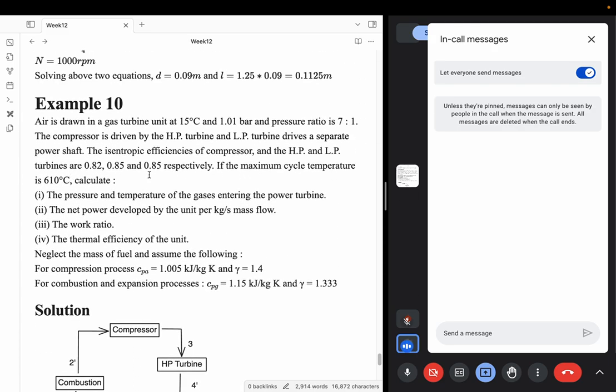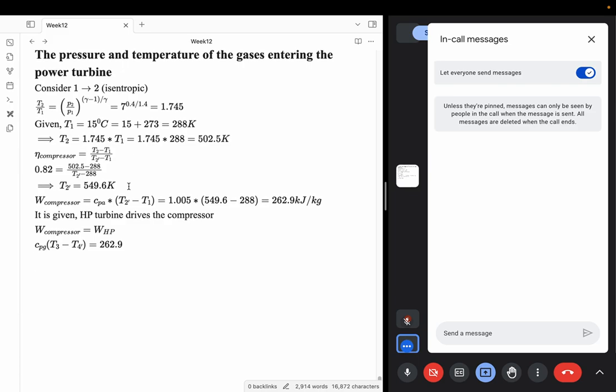It is already given that the maximum cycle temperature is 610. T3 is the maximum temperature, so we have T3 to be 610 Celsius, or if you convert it into Kelvin, it will be 883 Kelvin. Now you know T3, so you can substitute that in the above equation to get T4 prime.